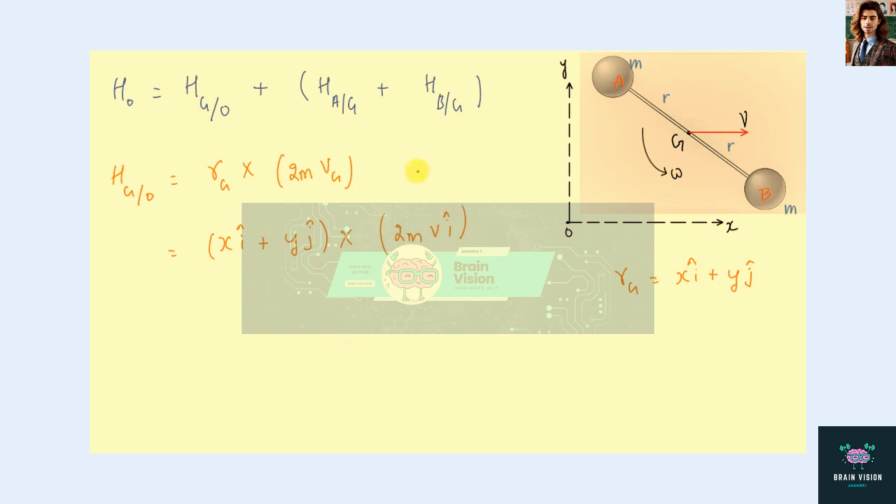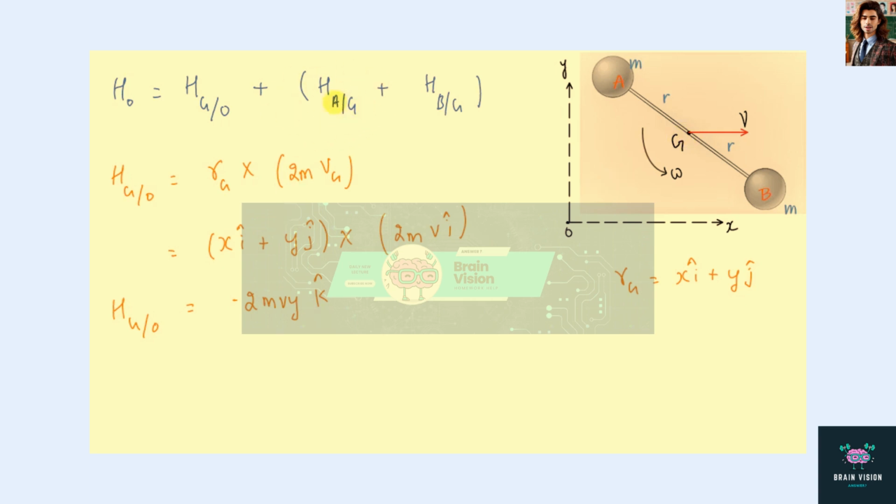Now we solve this using the determinant method, and we get our result to be minus 2mvy k cap.